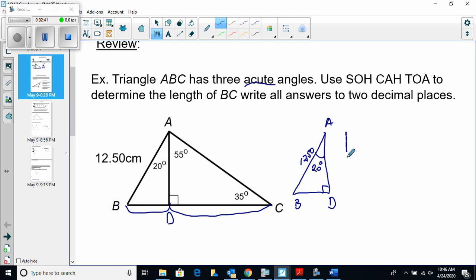And the triangle ADC, where angle C is 35 degrees, and this one here is 55 degrees. And again, D is the right angle. So now, using SOHCAHTOA, we will deal first with triangle ADB and then with triangle ADC.